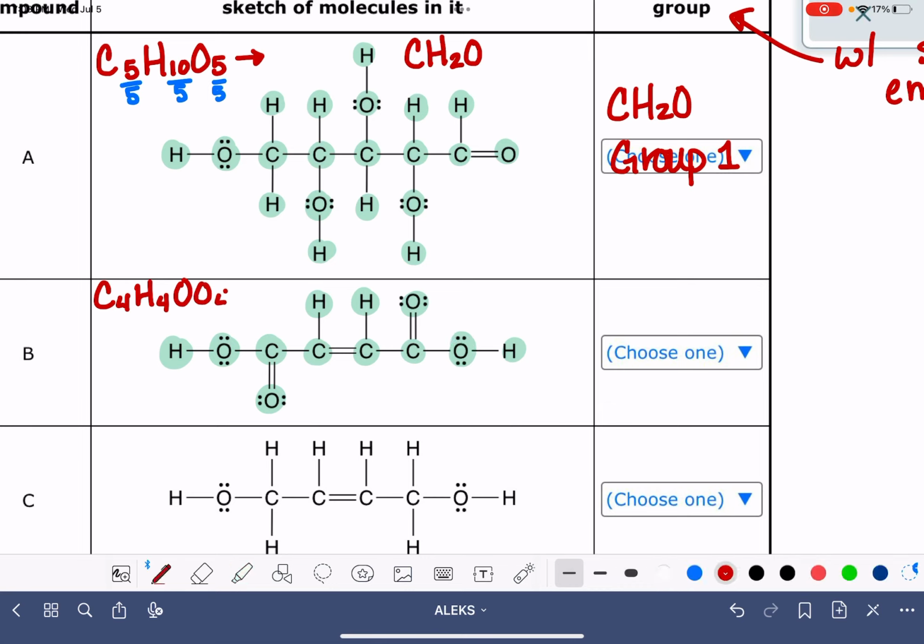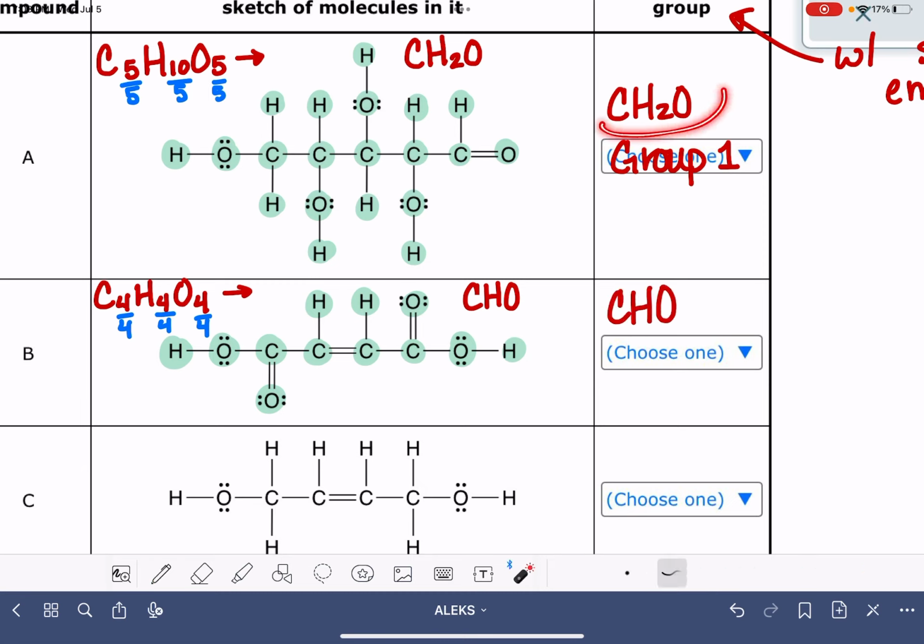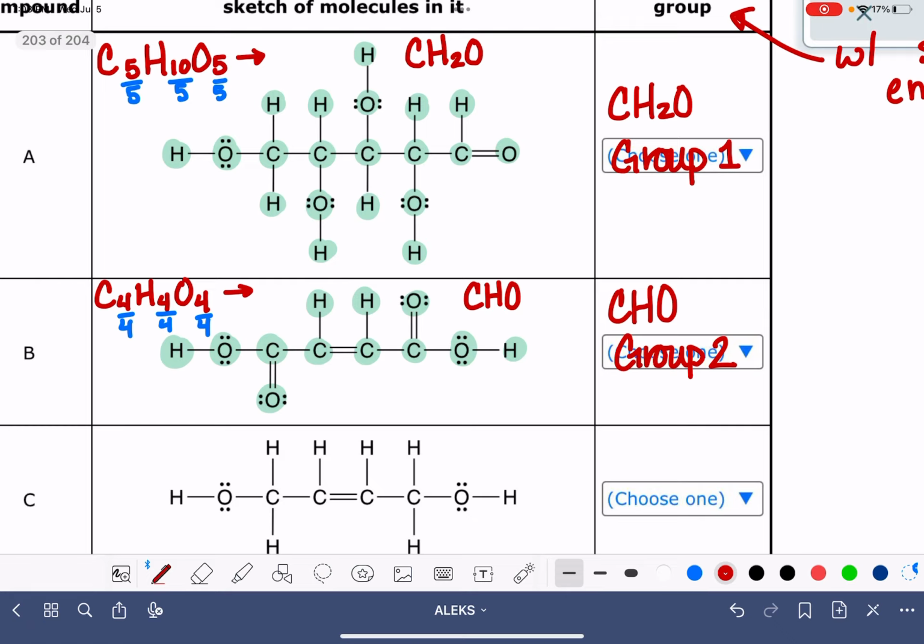Can we simplify this to a different ratio of numbers? Yes. If we divide all of these numbers by 4, we can reduce this down to CHO, one of each. CHO is not the same as CH2O, so this is going to be in a new group. We'll call this one group 2. And we're going to carry on.